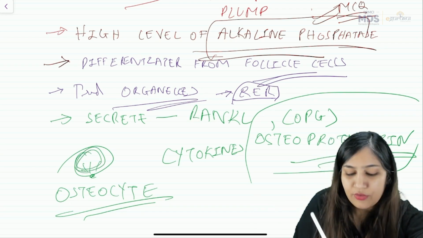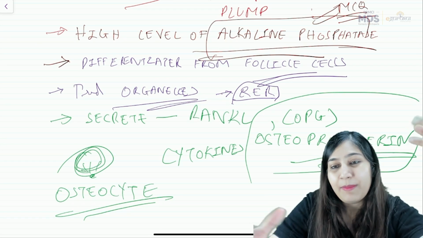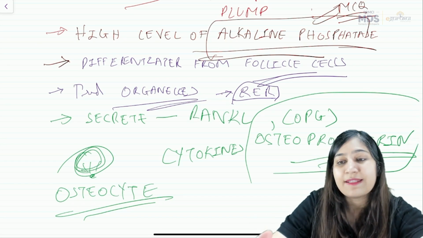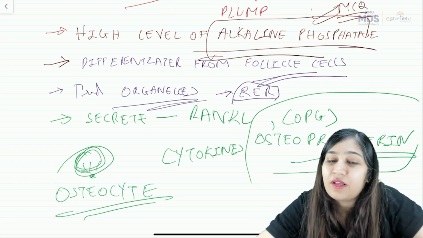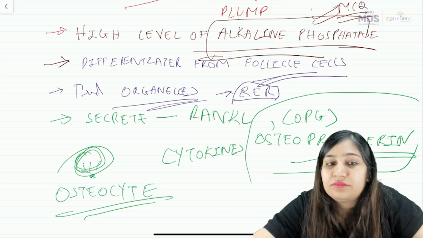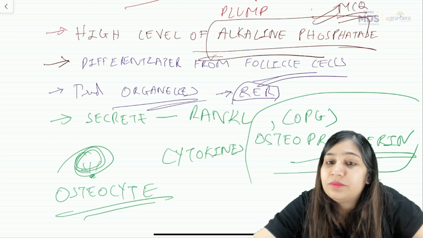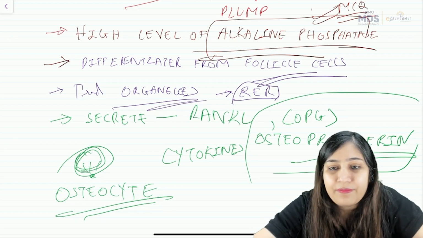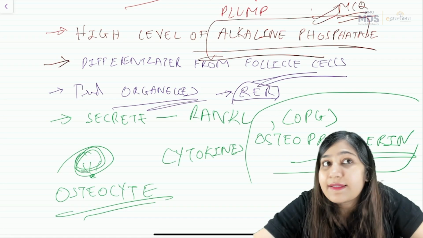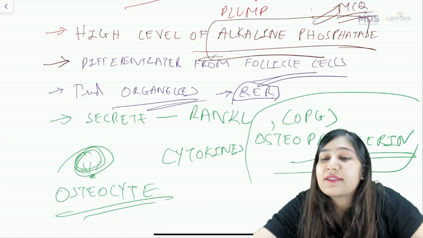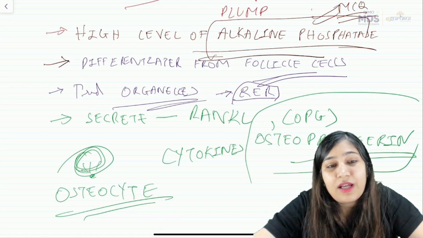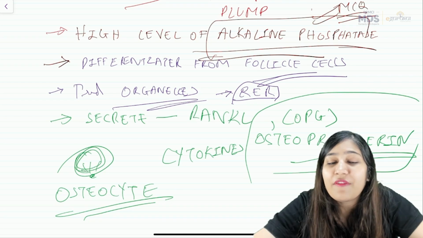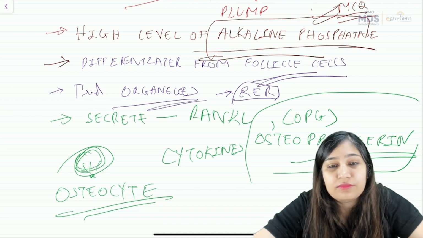Through these canaliculi, what will happen? It permits the diffusion of nutrients and gases from the blood vessels. They can sense the change in environment and send signals to the other cells that are involved in remodeling of the bone.